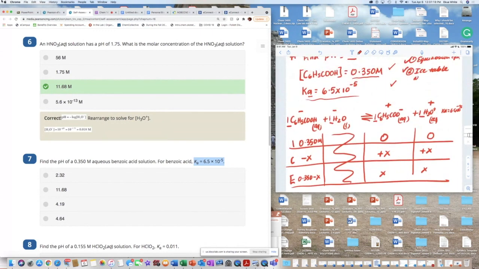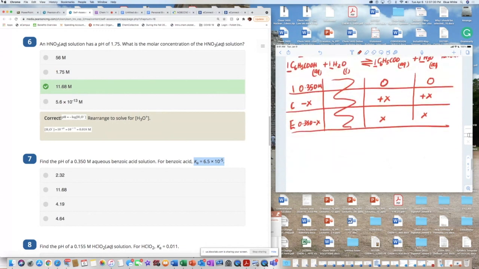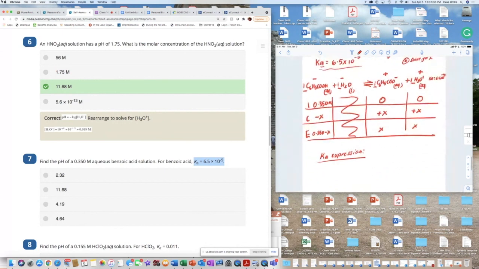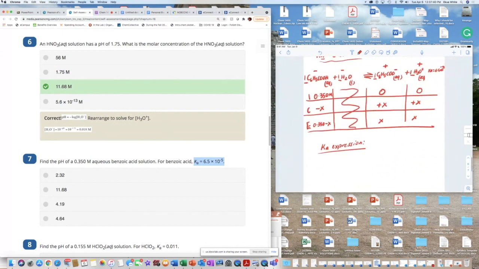After I'm done with my ice table, I know what comes next. Ice table means, part A, you have to have the K expression, and then part B, solve for x. So what's my Ka expression? This comes from the balanced equation.